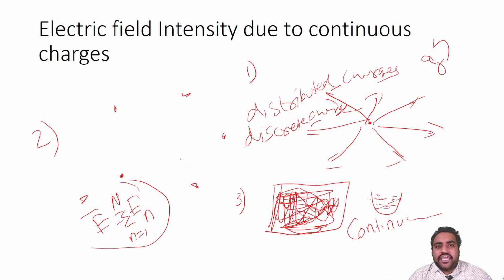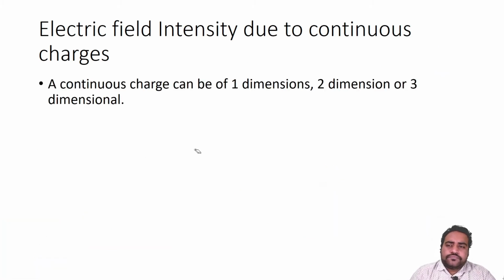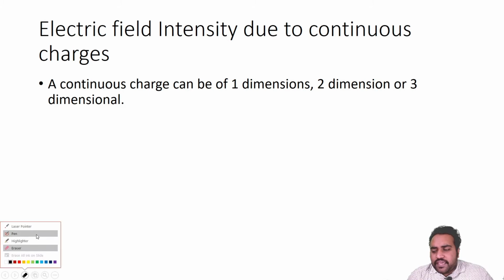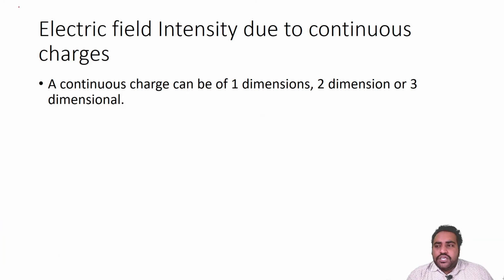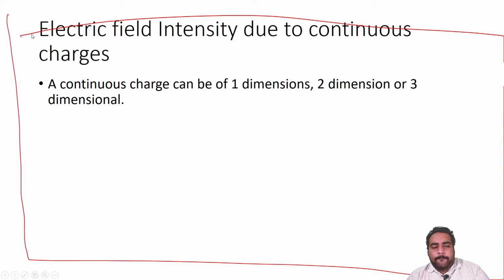So how to determine the electric field intensity because of continuous charges is what we would see in the current module. You may see, in the earlier scenario, I said that the charge can be on your screen. Your screen is a two-dimensional entity.